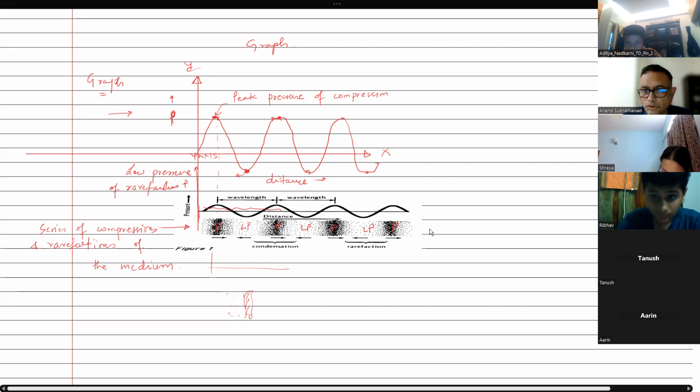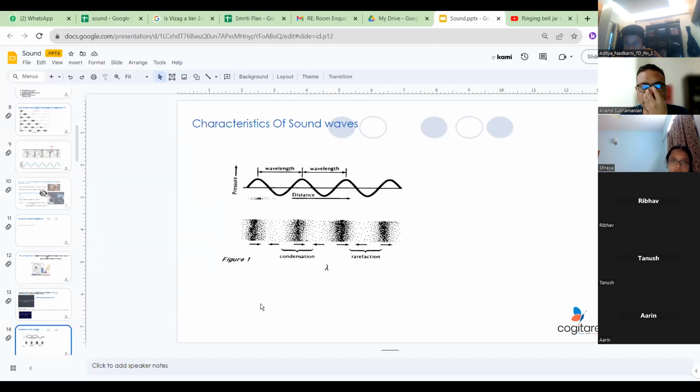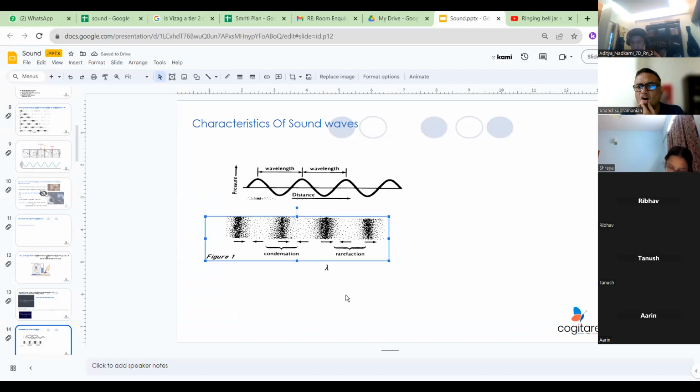Aryan also has joined now. So that is what this entire graph is about. We are trying to capture the essence of the compressions and rarefactions in the form of this wave. In fact, the shape of this graph is called sinusoidal.